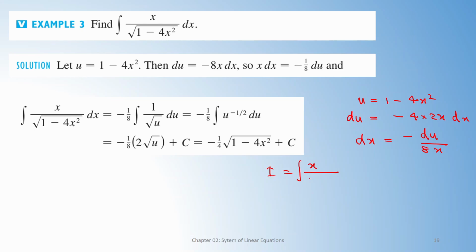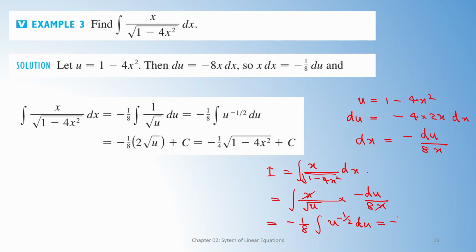Then you have the integration of x over the square root of 1 minus 4x squared dx. Here x remains, and the square root of 1 minus 4x squared is square root u. dx is minus du over 8x. So x is cancelled, and we have minus 1 over 8, u to the minus half du.